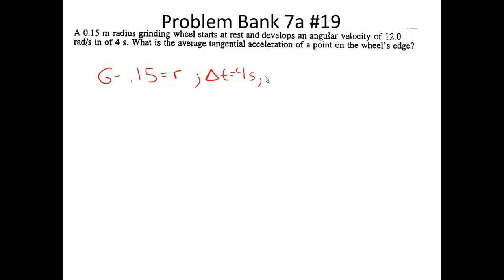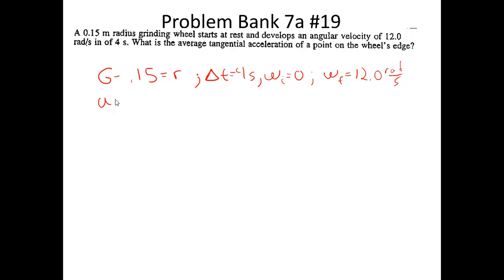Our initial angular velocity equals 0. Our final angular velocity is equal to 12 radians per second. What is the average tangential acceleration of a point on the wheel's edge?